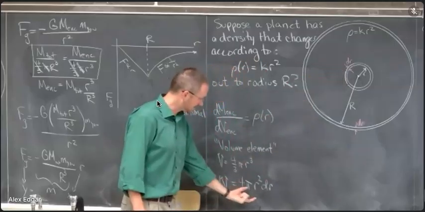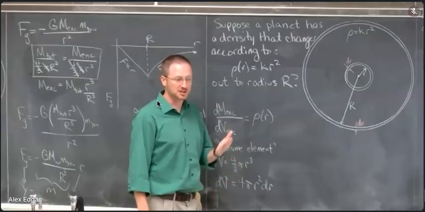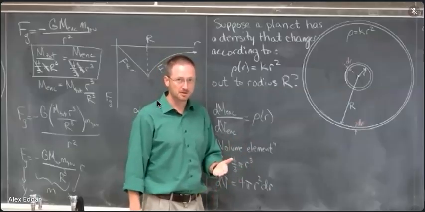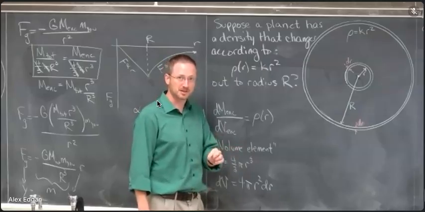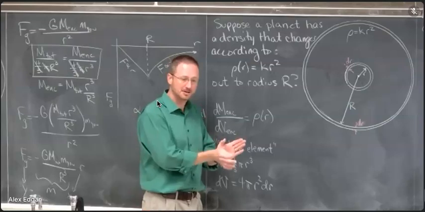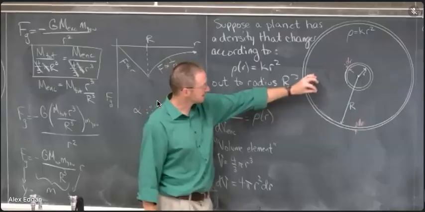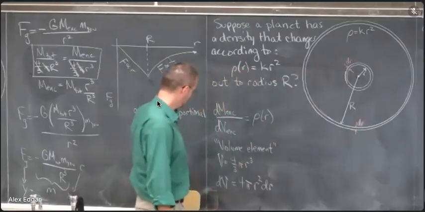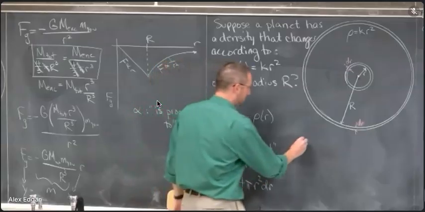This is sort of like finding the volume of a sheet of paper. You can find the volume of a sheet of paper by saying length times width times thickness. Well, length times width, that's the area of a sheet of paper. And then that thickness would be like this dr here. So now we can take this and figure out what the mass enclosed is going to be.